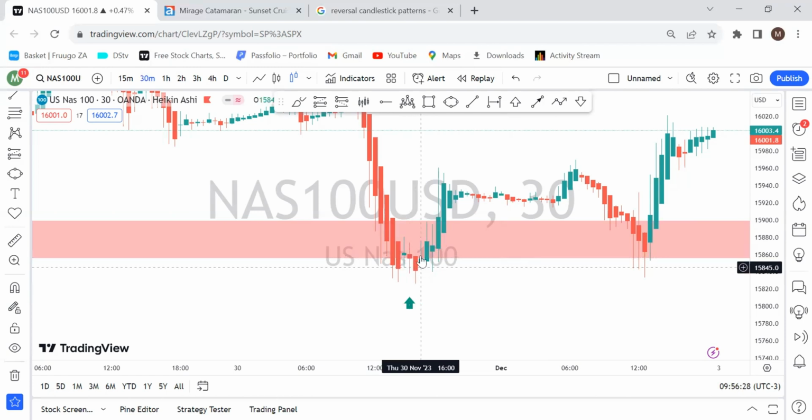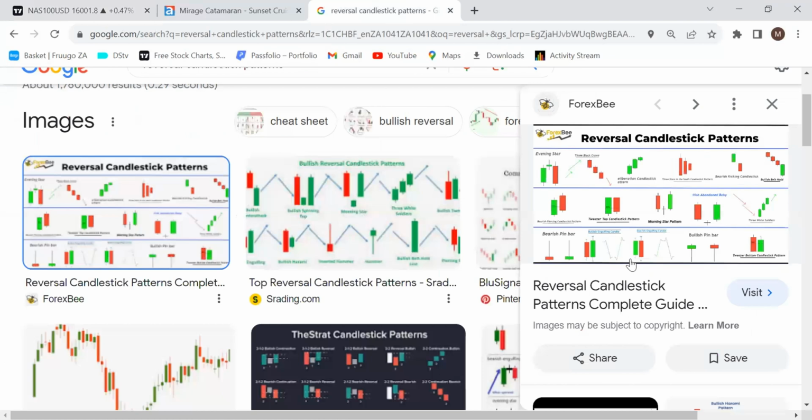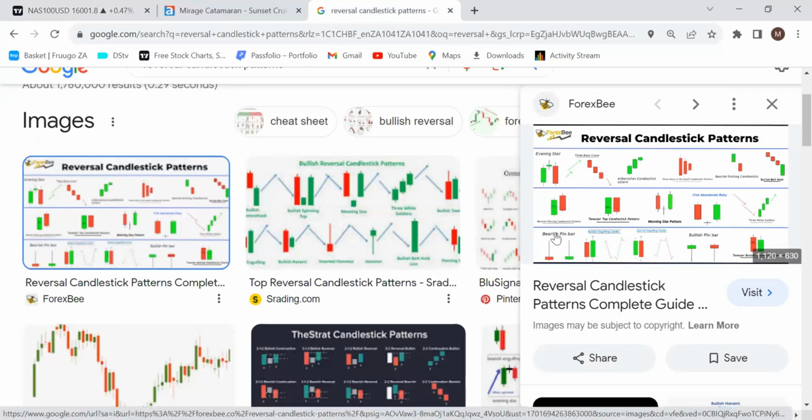Okay, now we had this reversal right here. Let's see which one it's similar to. So it's similar to this bearish pin bar. As you can see, it's very similar. The pin bar is on top, but then usually this is a reversal candlestick pattern for a sell, but that's what it looks like.